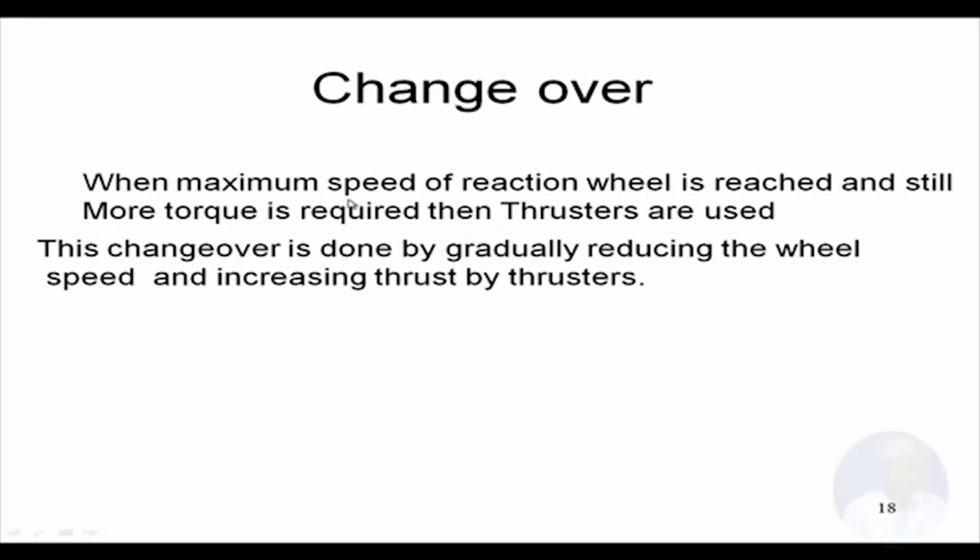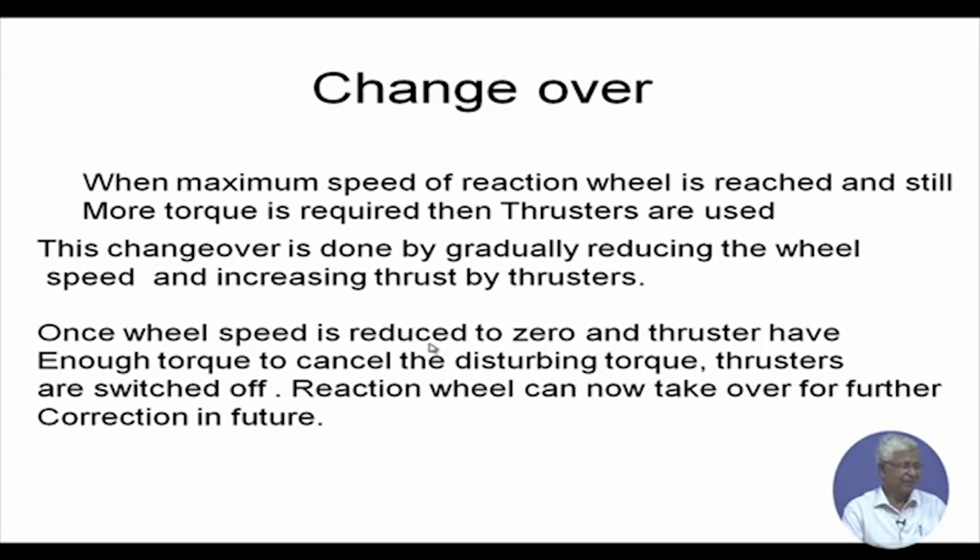This changeover from the reaction wheel to the thruster is done gradually. As you increase the thruster thrust, the reaction wheel speed is reduced gradually, and at some point the reaction wheel speed will be 0 and the thruster has achieved that particular thrust, and then the thruster can be switched off.